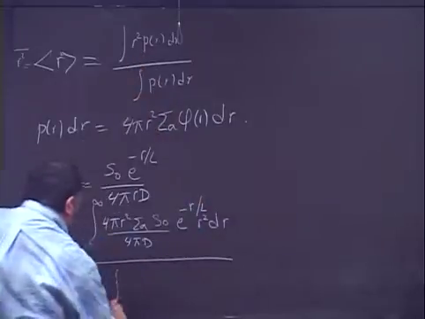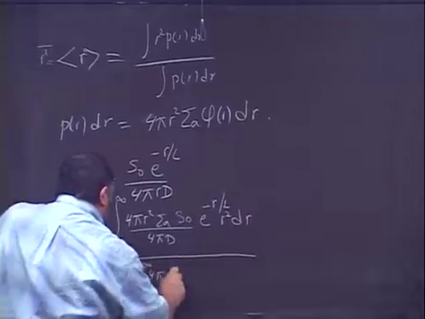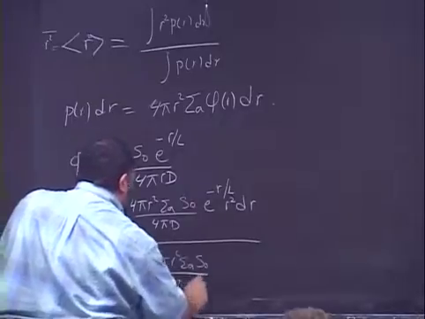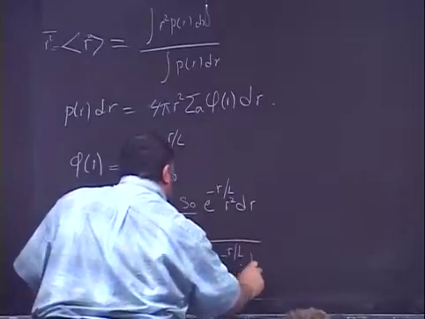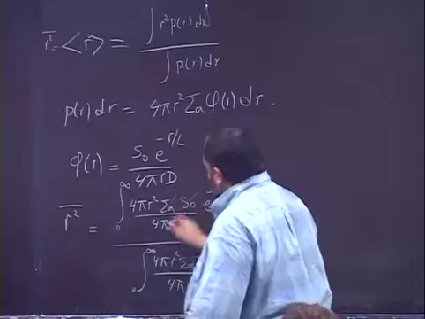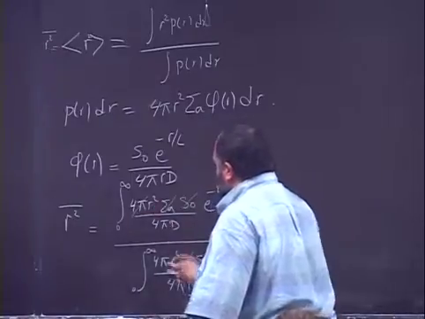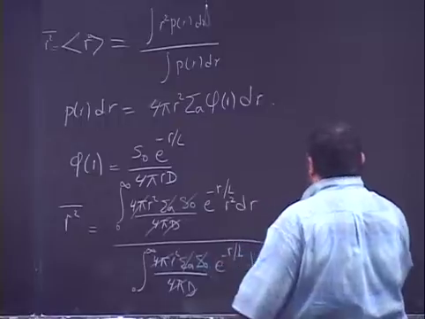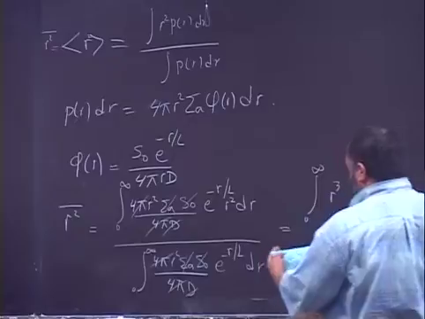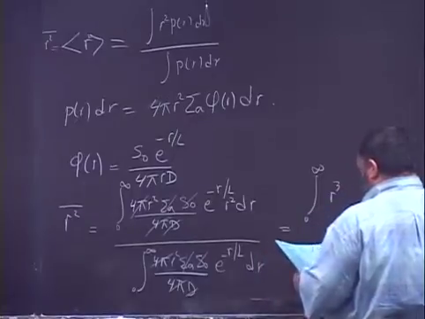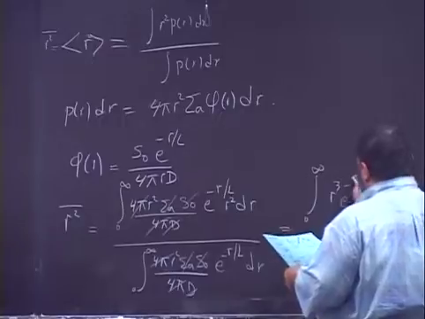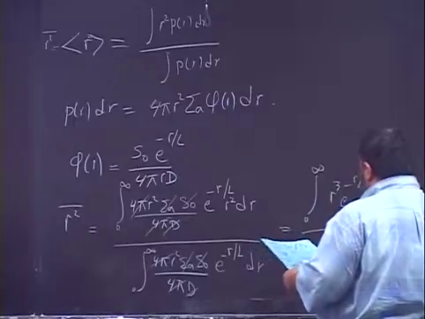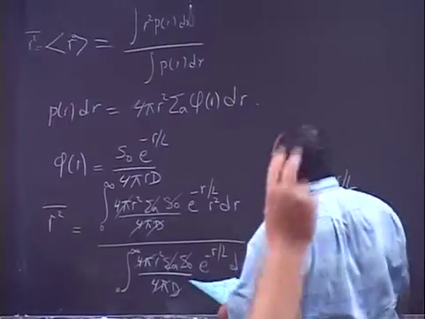Then you will divide this by the integral from 0 to infinity of 4 pi r square sigma absorption S naught divided by 4 pi D, e to the power of minus r over L dr. Of course you can eliminate S naught and sigma absorption, and 4 pi D. Then you will end up with the integration from 0 to infinity of r cubed e to the power of minus r over L, divided by r e to the power of minus r over L dr, from 0 to infinity.